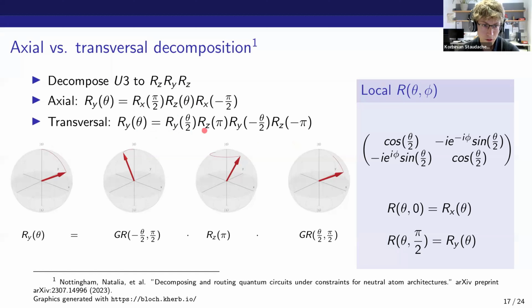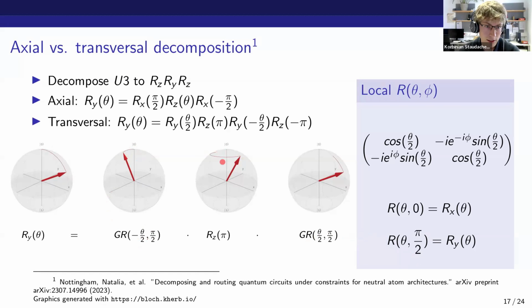And there we have a global Ry rotation. A global Ry rotation is simply if we set this phi to pi over 2, because the R gate in principle is a rotation about some axis in the xy plane. If we have set this to pi over 2, then we can decompose this scheme to have a minimal value of this angle theta. So we then have a global rotation about minus theta half.